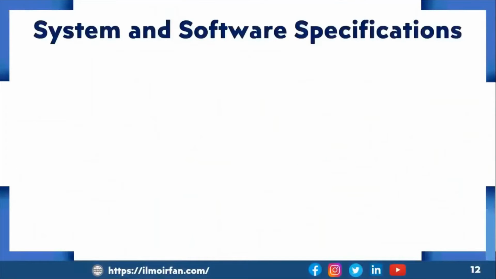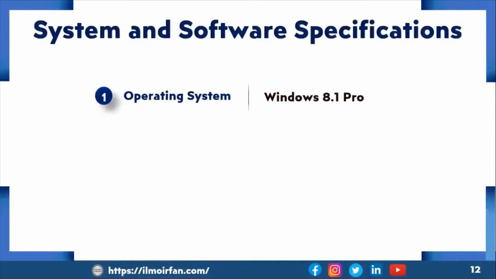Let's first discuss the system and software specifications required for downloading Anaconda for Windows. The operating system we will be using is Windows 8.1 Pro. Software required for the installation of Anaconda is Python, so that we can run the Python program using Anaconda's IDE, Jupyter Notebook.